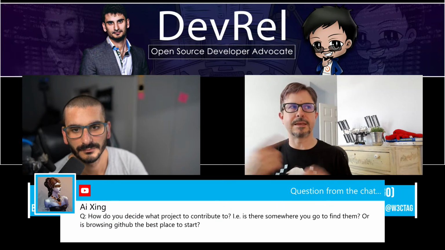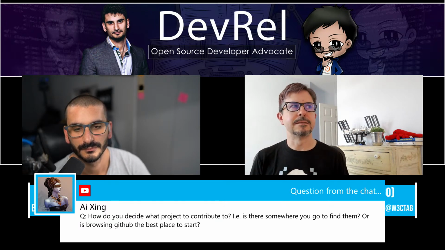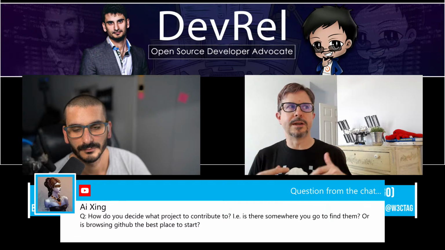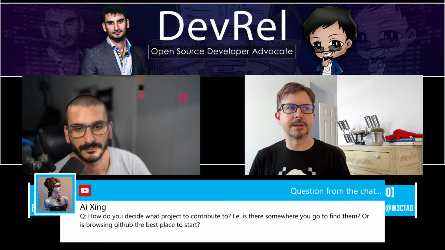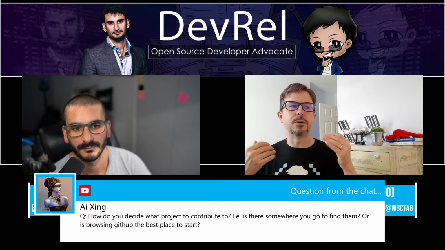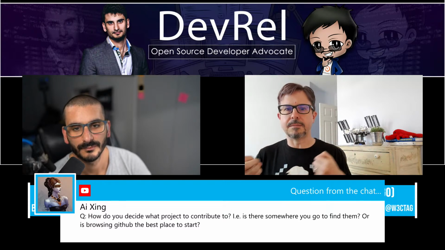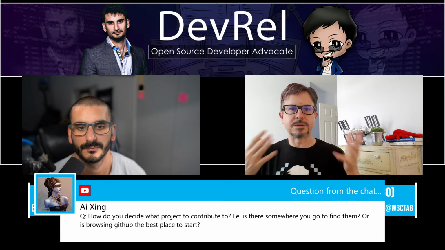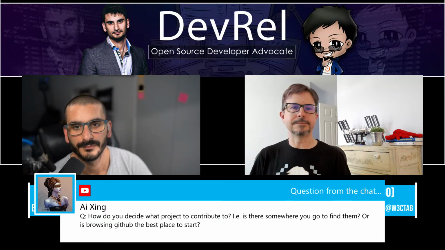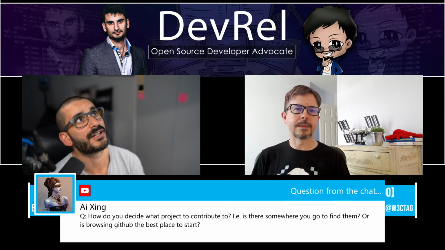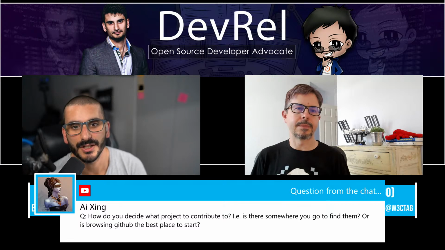But again, I think the most important thing is what are you using right now? Is there a component or a library or a feature or a product or a standard that you're using, and you have a feeling like this could be better? I think you're right. To try and just search GitHub for projects is quite hard.